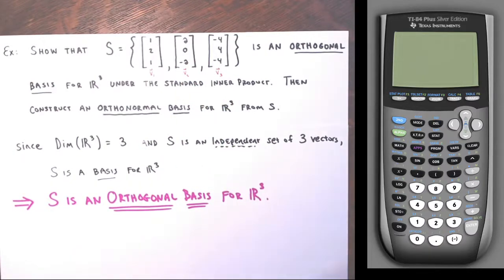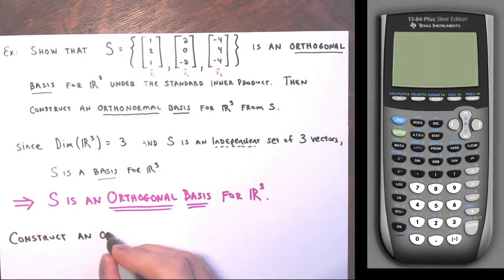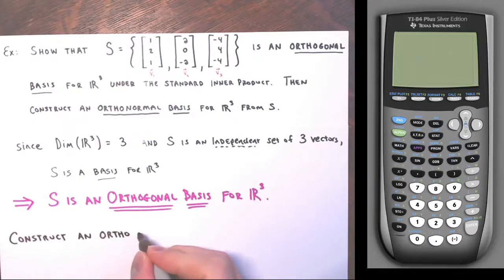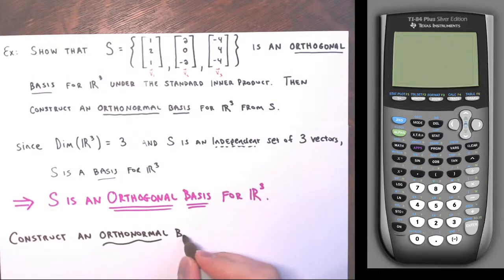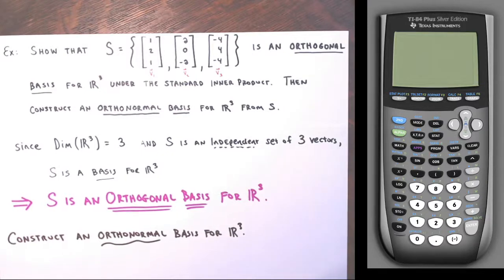So next part, let's construct an orthonormal basis for R3, under the dot product.